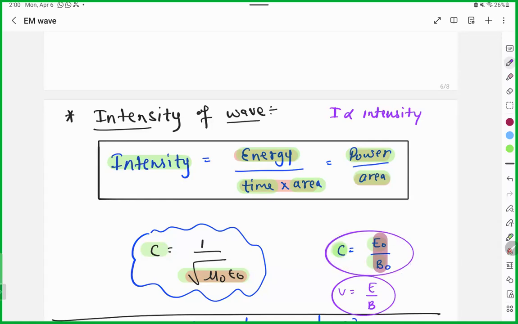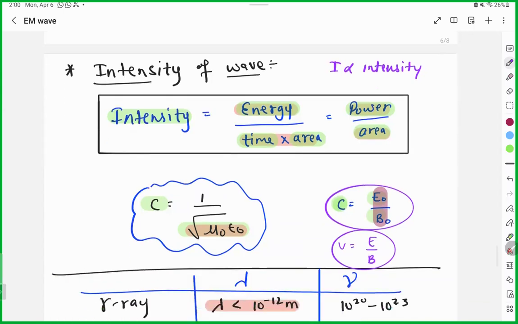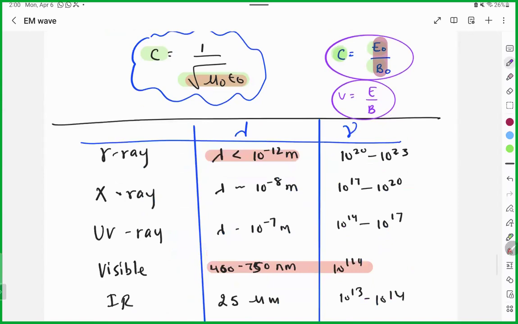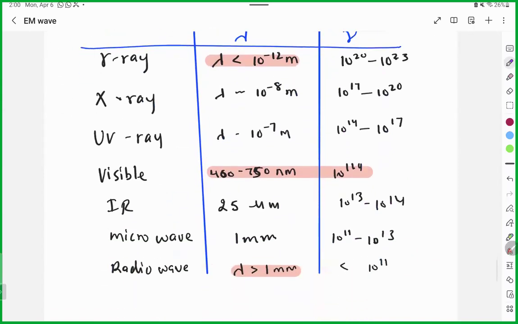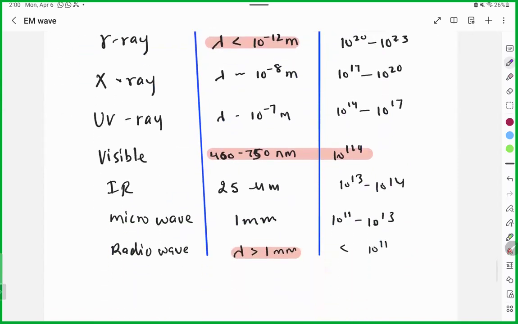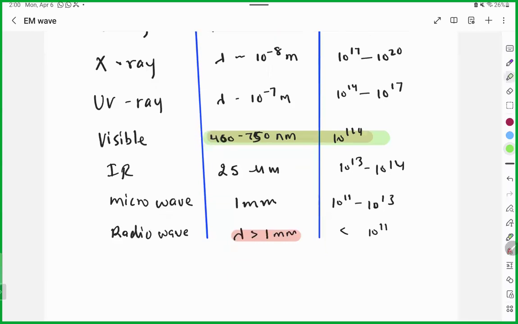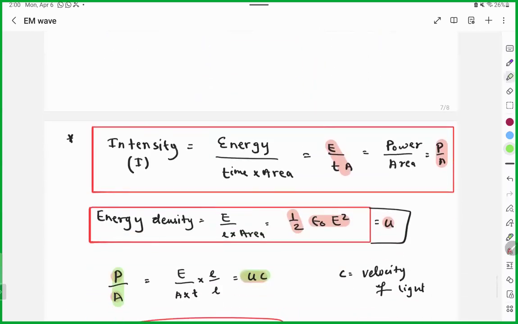Same way speed of light is also equal to 1 by root of epsilon naught and mu naught, using the same thing. Correct, maximum value. Same table is given, you should know the value of this visible region, you can compare easily because the middle one.